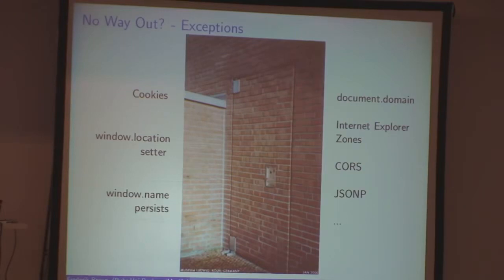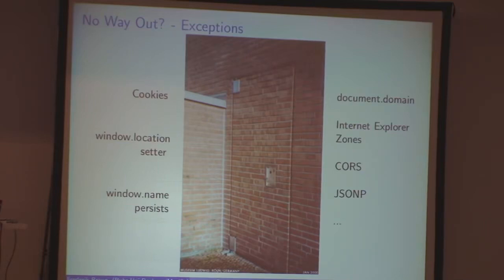Then there are attributes in the DOM which persist or which are accessible across domains, like window location can be set for every window handle you will ever get in your JavaScript scope, even if the window points to a different domain or a different origin. Then there's the attribute window.name, which persists across origins.